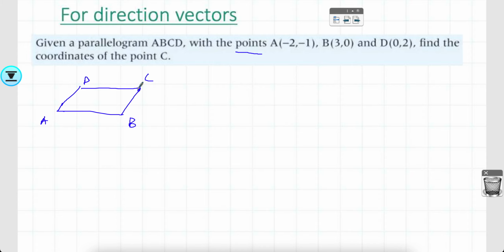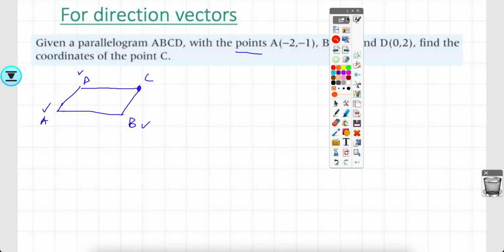Now I need the coordinate of point C, and we will need the lesson from geometry to be able to solve this type of question. Well, I know A, D, and B. I know the positions, their points, but I don't know C. But I do know something else.